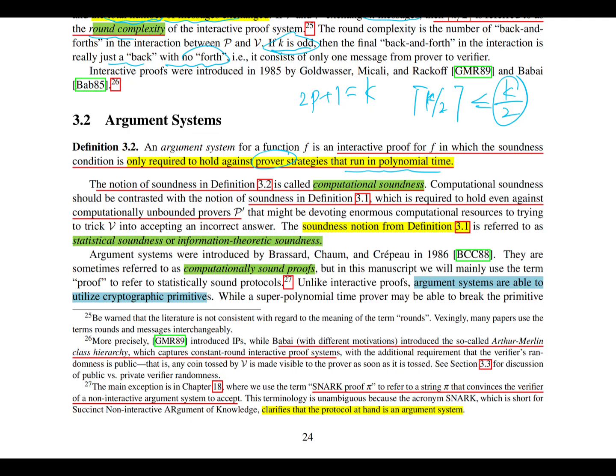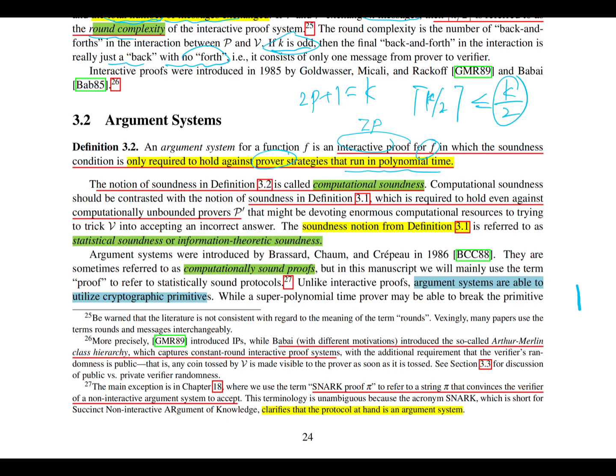So first, it is interactive, it is the IP. Argument is the IP. In this f, the soundness condition is only required to hold against the prover strategies that run in polynomial time.